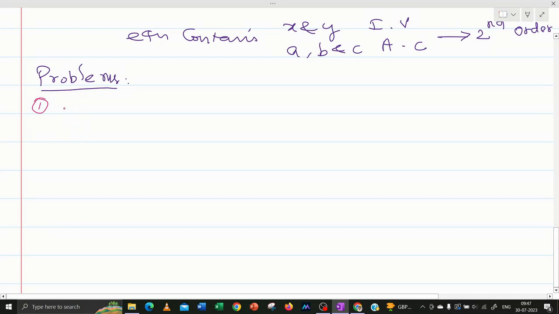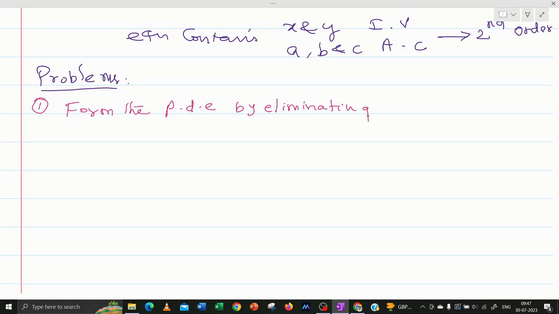Form the PDE by eliminating the arbitrary constants a and b from the equation z equal to ax plus by. This is a very simple problem.